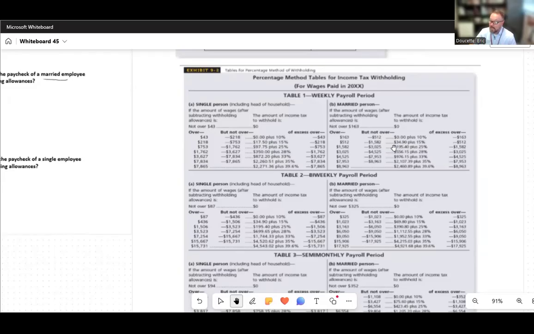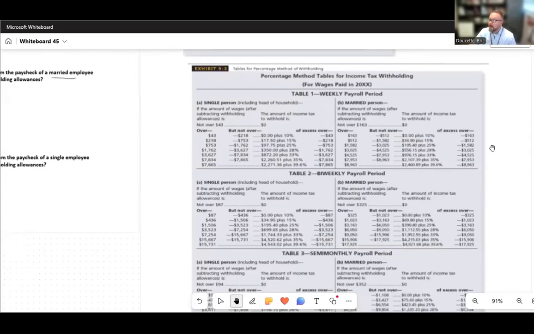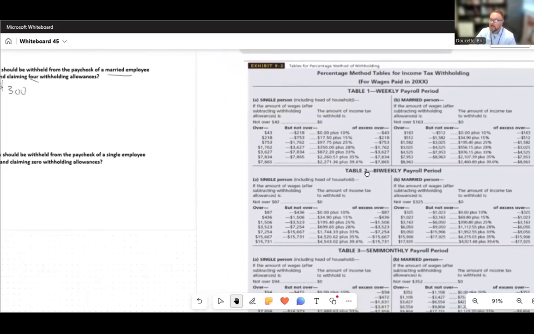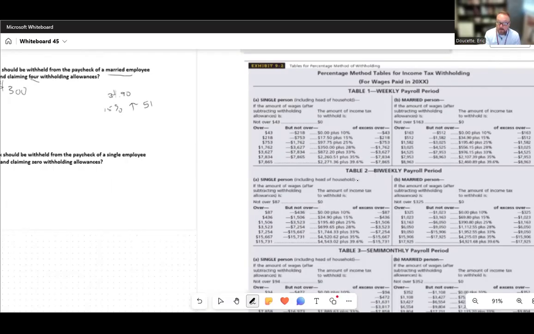So that means our taxes are $34.90 plus 15% of everything above $512. Let's move over here and see if I can keep it all on the same screen. So we said it's $34.90. That's our flat tax, right? And then it's going to be 15% of everything above $512.